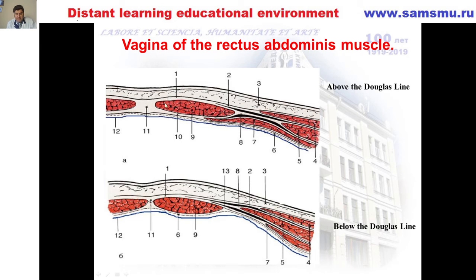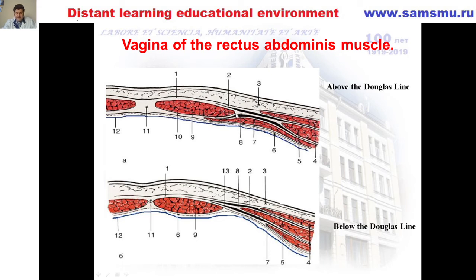So in the upper part above the umbilicus, the sheath is formed so that the aponeurosis of the external oblique muscle passes in front of the rectus muscle, while the aponeurosis of the transverse muscle passes behind it. The aponeurosis of the internal oblique muscle splits.